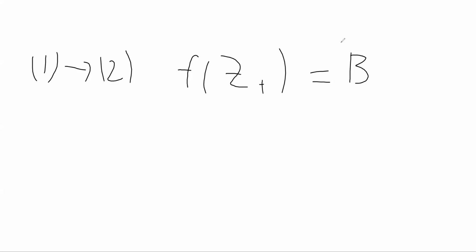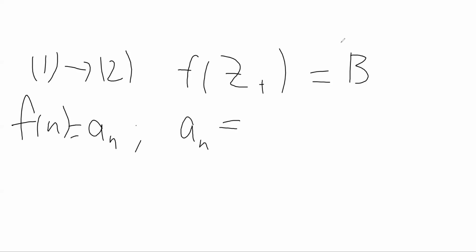Let f(n) be denoted by a_n. Because f is injective, we know that a_n cannot be equal to a_m if n and m are not equal.